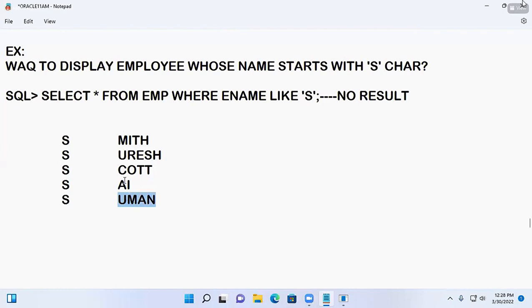So this group of characters which was left after the S character, the remaining group of characters, I need to represent with something. Then only your server can understand that. If you are sending only S, the server cannot understand, because your names are not only S, along with S, some other characters also we have here.